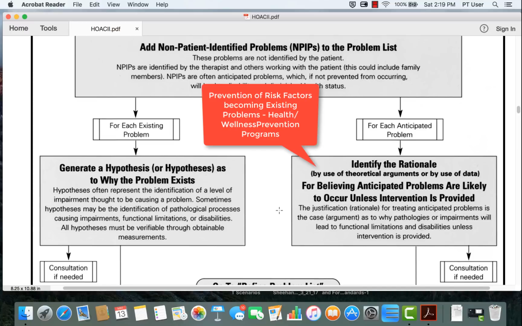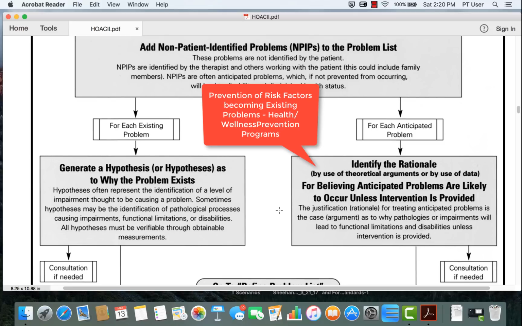What you might anticipate as a problem is future loss of balance because they're having difficulty walking, therefore they're less active, therefore they're going to be weaker, therefore they're more at risk for falls when they do need to move.